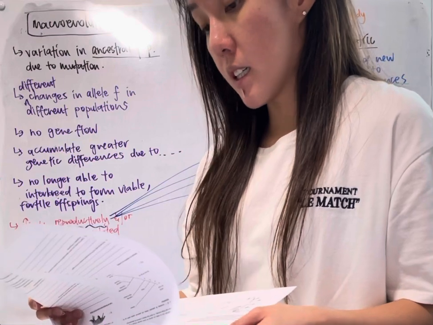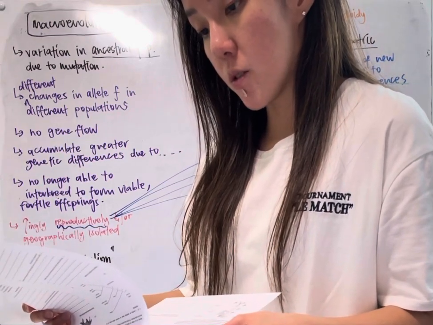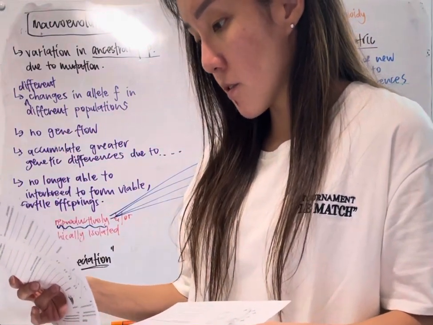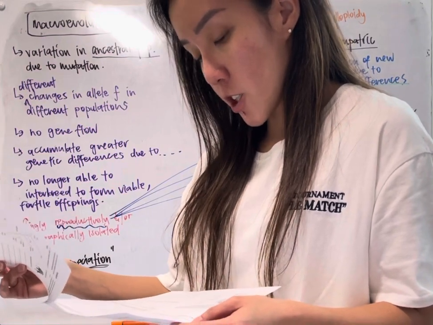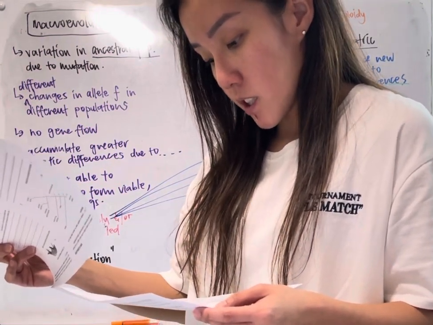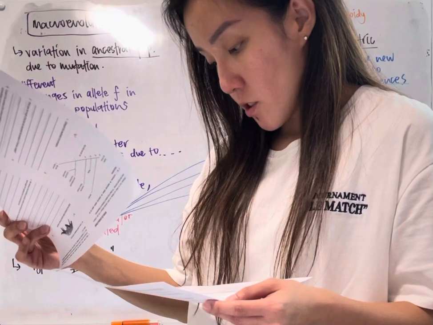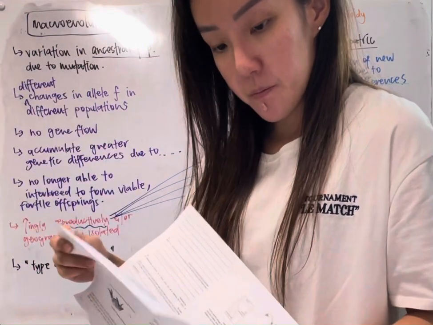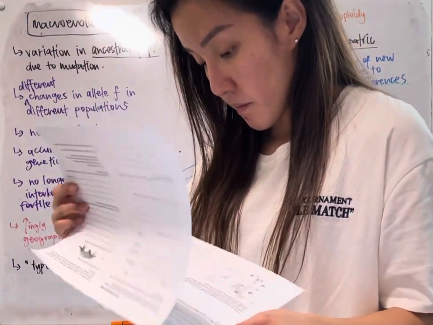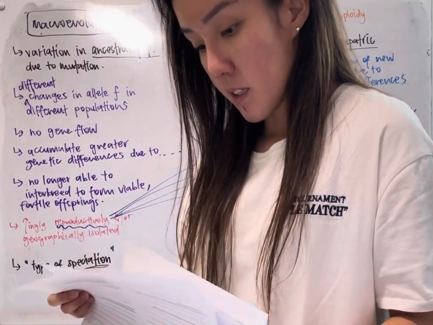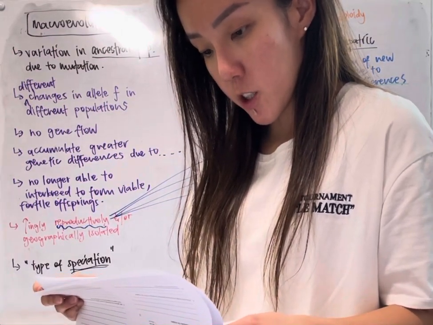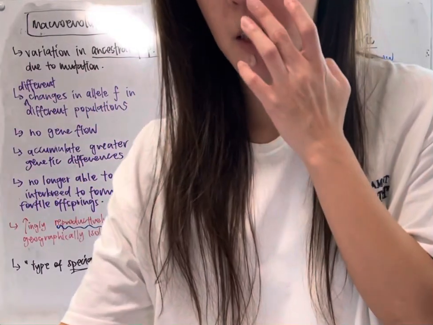Xianfei, Megan, and Kalantia, I want you to do questions 2A, B, C. The rest of you, do you see we have questions 3A and 3C? I want you to do 3A and 3C.